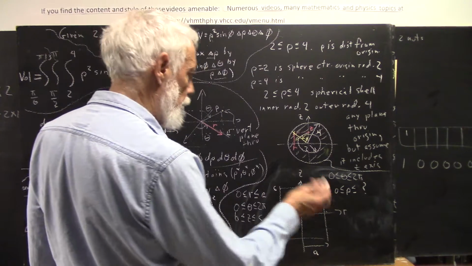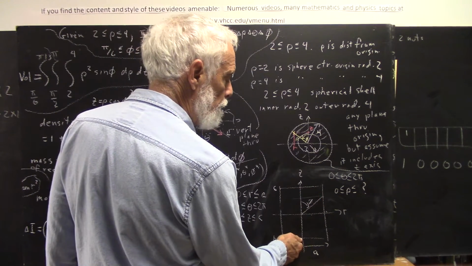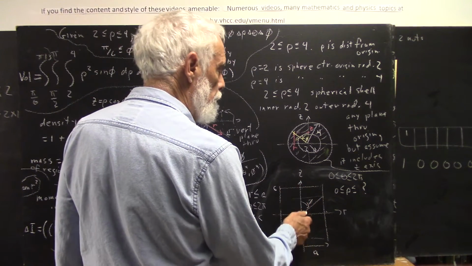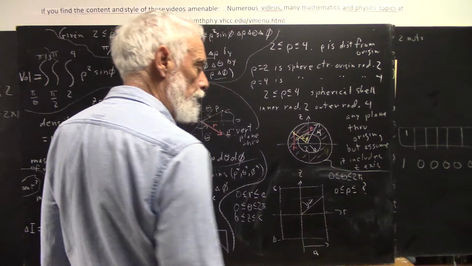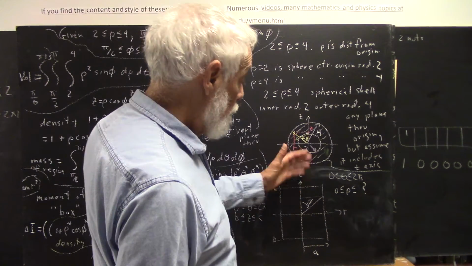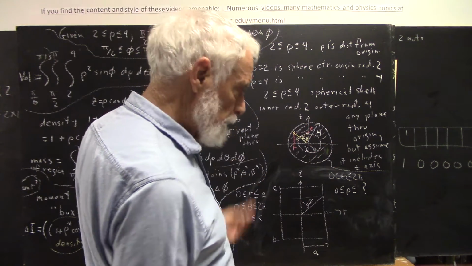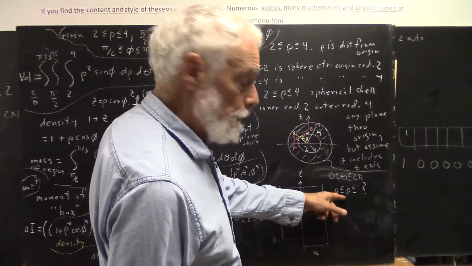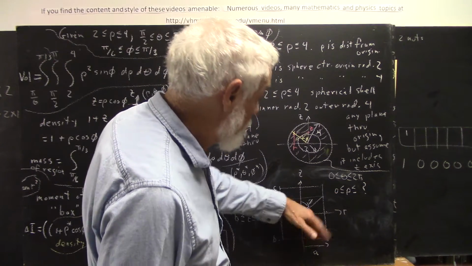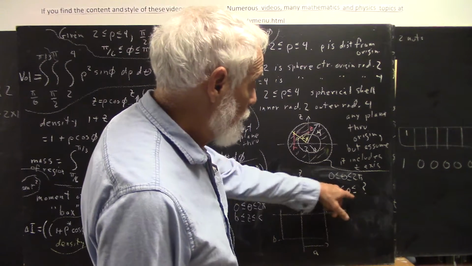So phi can go anywhere from negative pi over 2 up to pi over 2, and there are plenty of points in this cylinder where you take any of those values. So the real kicker then is going to be rho. Phi is going to go from negative pi over 2 to pi over 2, but what about rho?